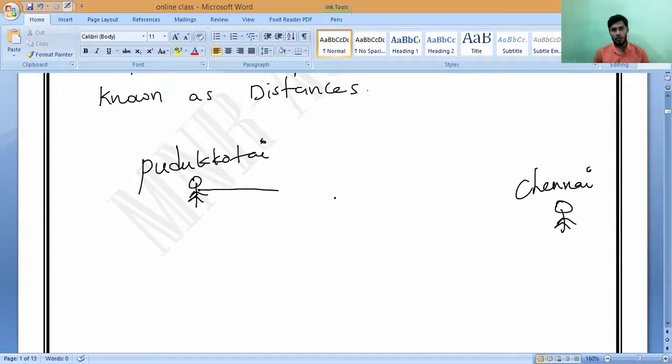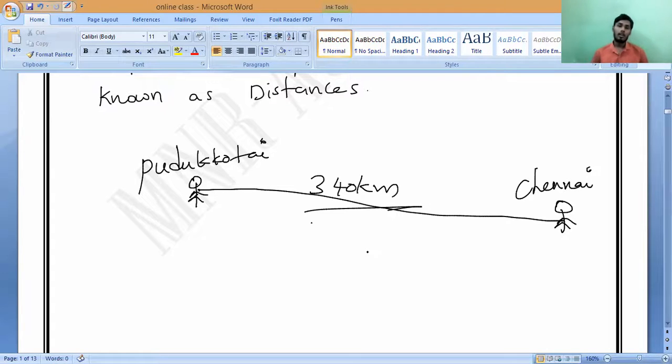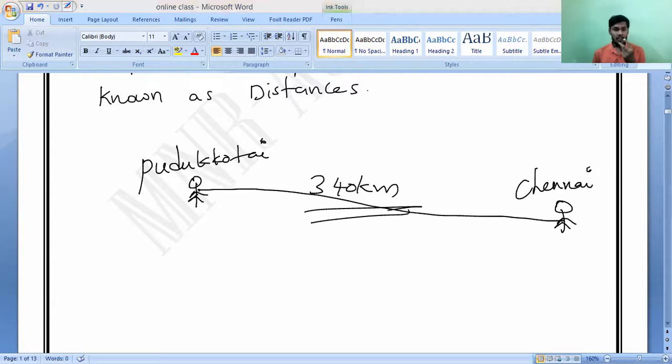The distance between Pudukkottai and Chennai is around 340 kilometers. Is it yes or no? So if you take the space between two places, Pudukkottai and Chennai, it is 340 kilometers. So we can say that the distance between Pudukkottai and Chennai is 340 kilometers.